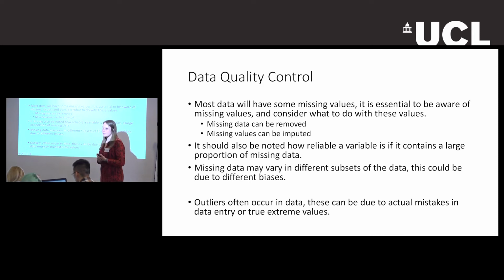The other thing that you need to consider is missing data. If you have a variable where the majority of entries are missing, then you start to question the quality of that variable and whether you actually want to be basing any analyses on it. There are different things you can do with missing data. You can just remove it completely. If you have the odd bit of missing data, removing it isn't really a big issue.